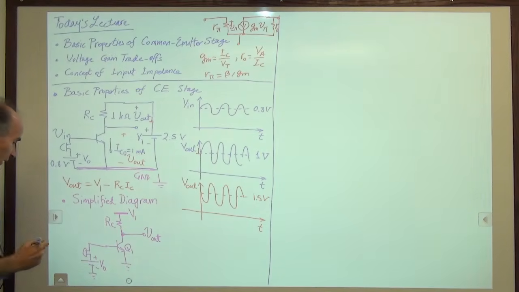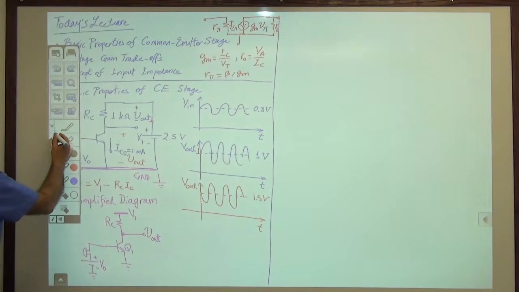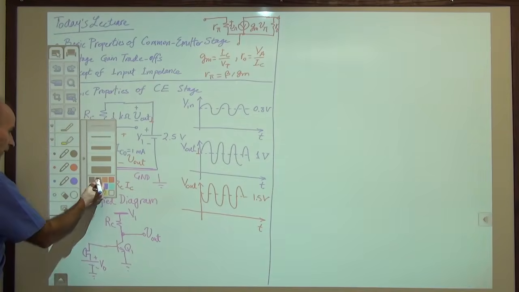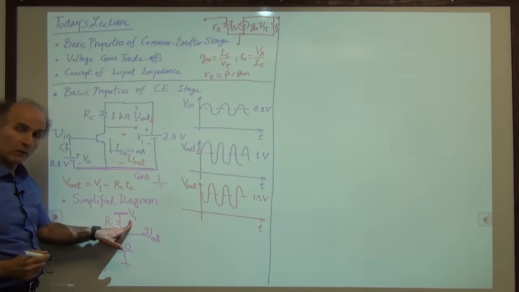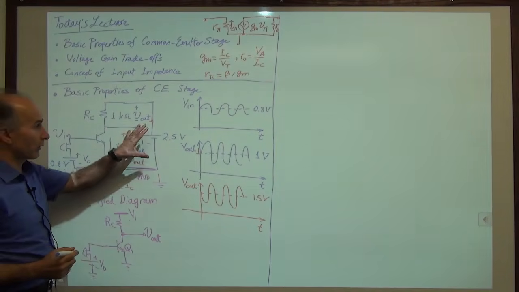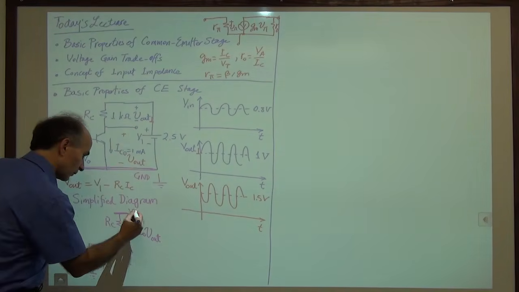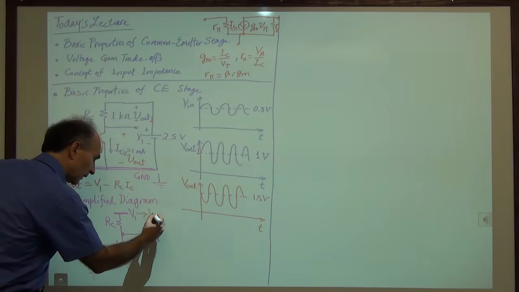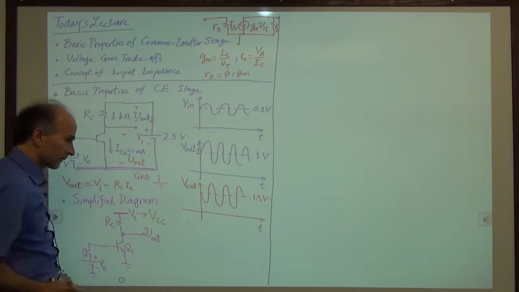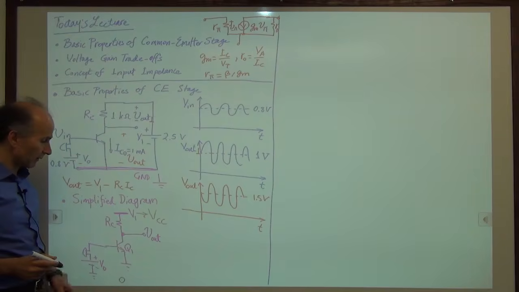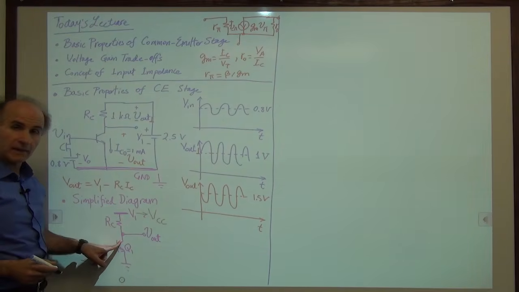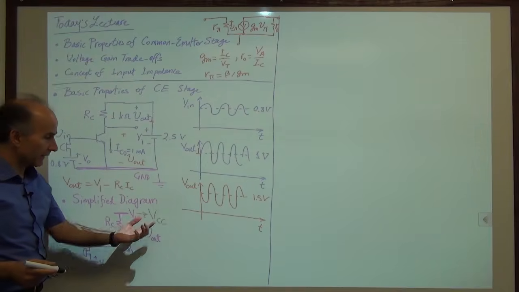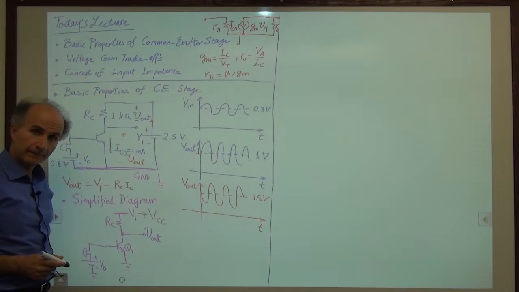One more change in notation. So let me change the color of my pen to emphasize these so that you can keep track of them. Oftentimes we don't call this V1 anymore. This is sort of our power supply. So we will change this to VCC. CC evidently comes from collector, meaning that this is a battery that eventually feeds the collector. But it doesn't matter. That's our name, VCC.